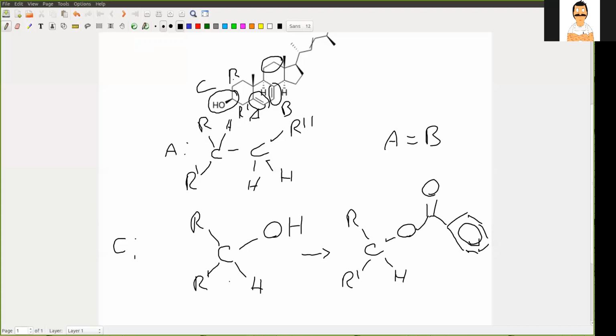So it's going to look like that instead. This part right here replaces this part right here. So that's how that reaction would go through.